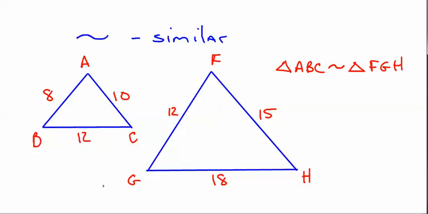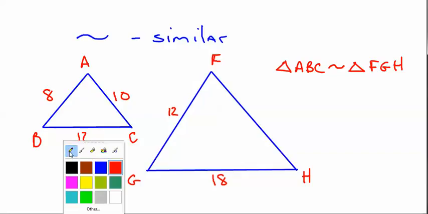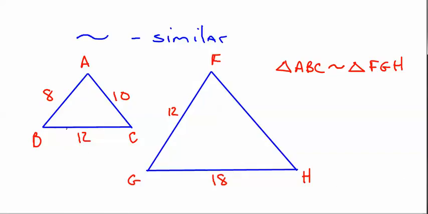If they're similar, then the ratio of corresponding sides is equal. Does everybody have this written down? Okay, so erase this 15 right here. You know what it is, right?